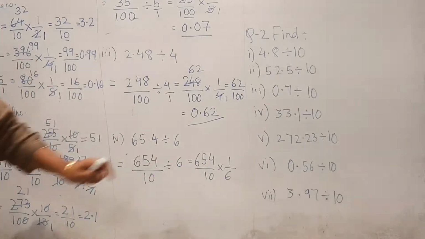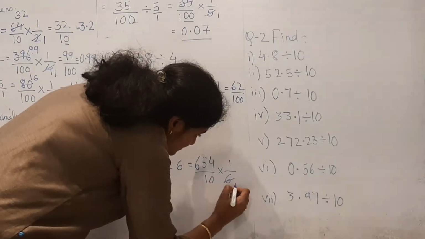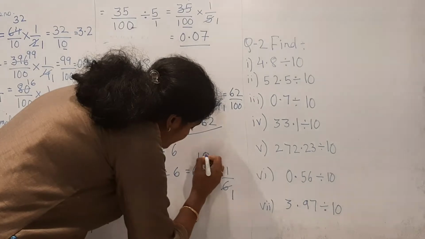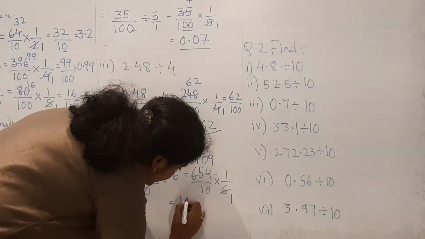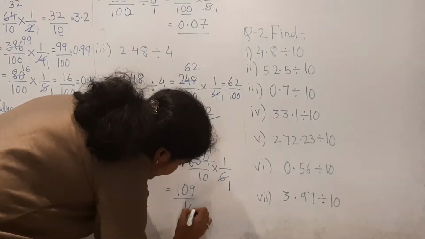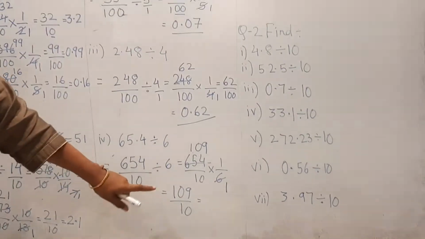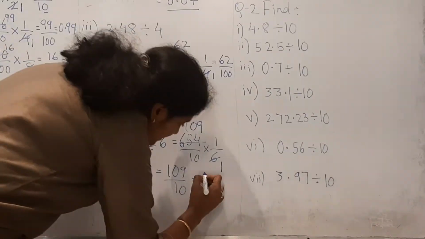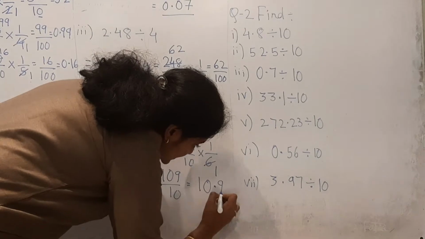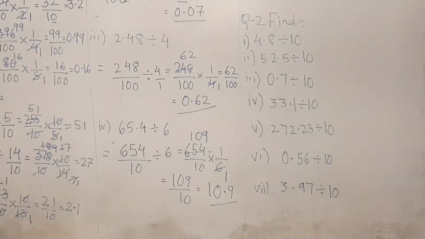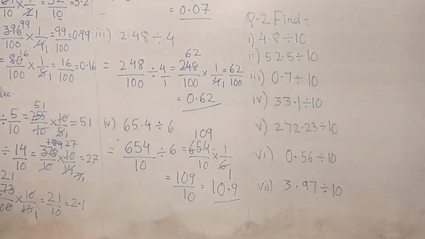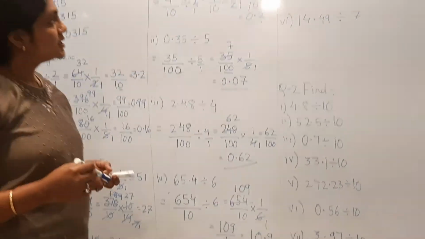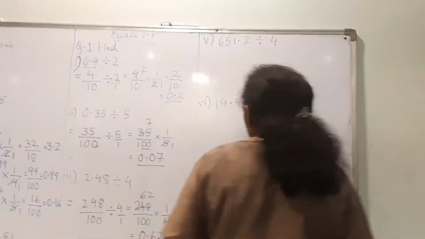It goes by 6 directly. So this will be 109. 109 divided by 10. Before 1 digit the point will be placed. Answer will be 10.9. Yes.